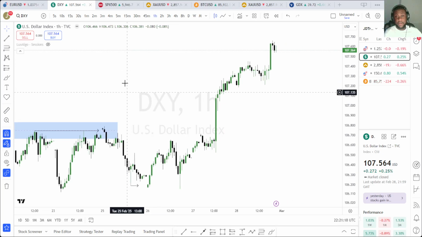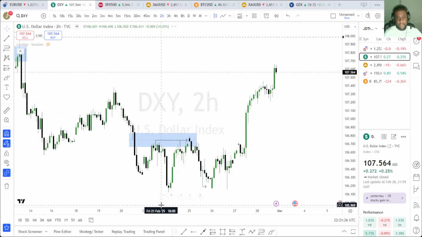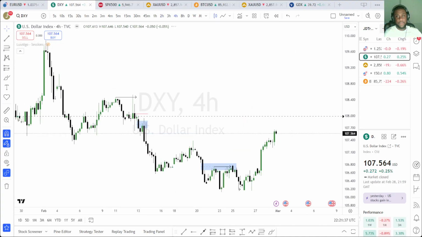As always, we're going to start things off with the DXY. In terms of last week, we had okay price action. It wasn't too bad on the dollar side of things, right? As I was telling you guys earlier in the week, in last week's pre-market open, I said we should see a run up for these highs and then a drop down to give us a new 4 hour lower low.